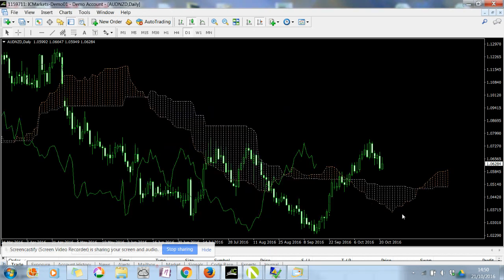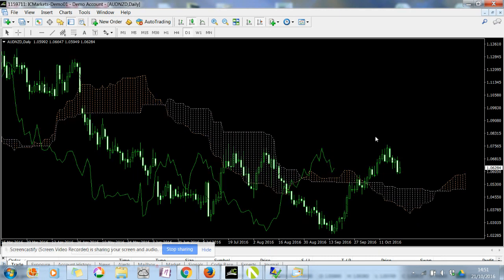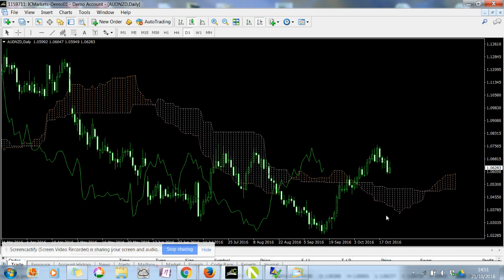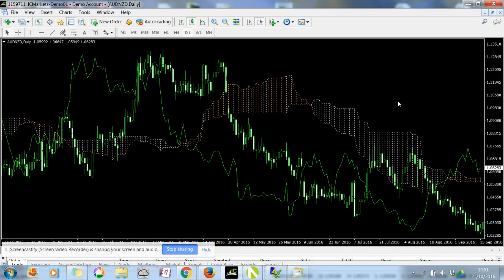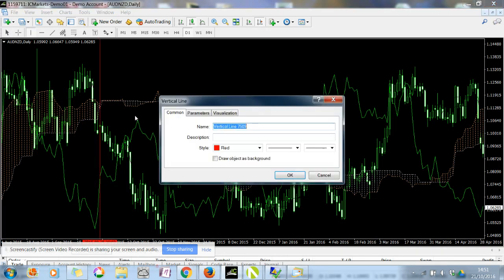Now I just leave these patterns. Sorry, I should have got rid of that one. But the amount of times that you put a line in and there will be a change of direction, which happens a lot. Let's put a line in, say here.